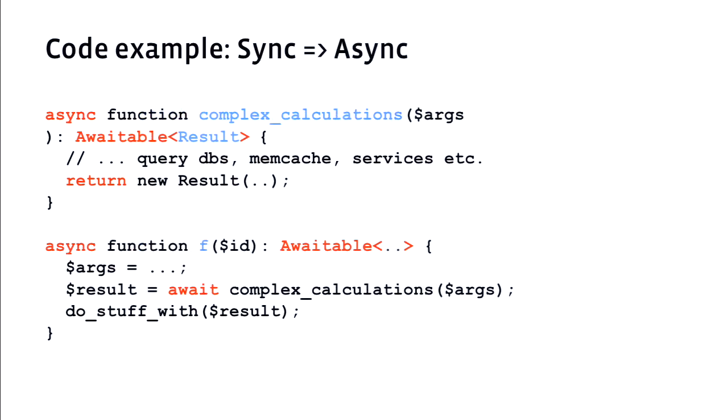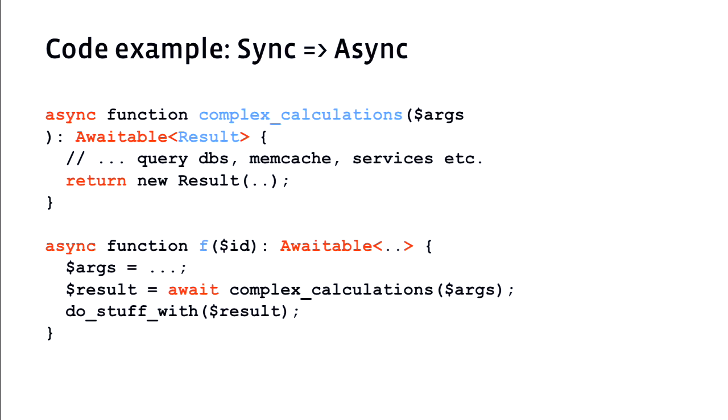Pretty much the exact same code, except for the parts highlighted in red. You've added the async annotation to say, OK, I'm comfortable waiting on these complex calculations. And then the return value changes from being a result to being an awaitable result. I'll get a little more into what an awaitable is. And then the function f changes to have the exact same thing.